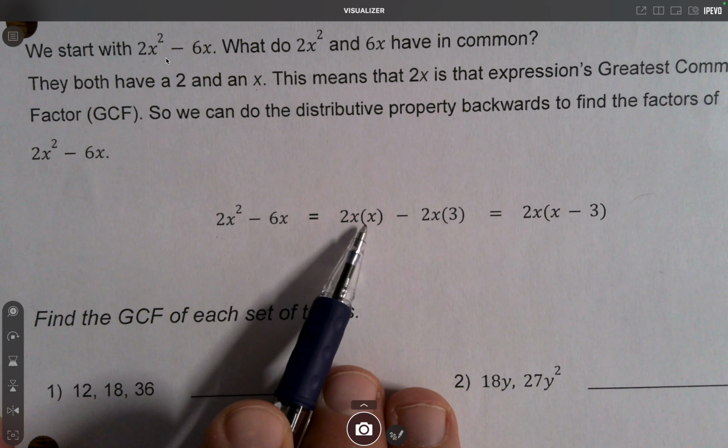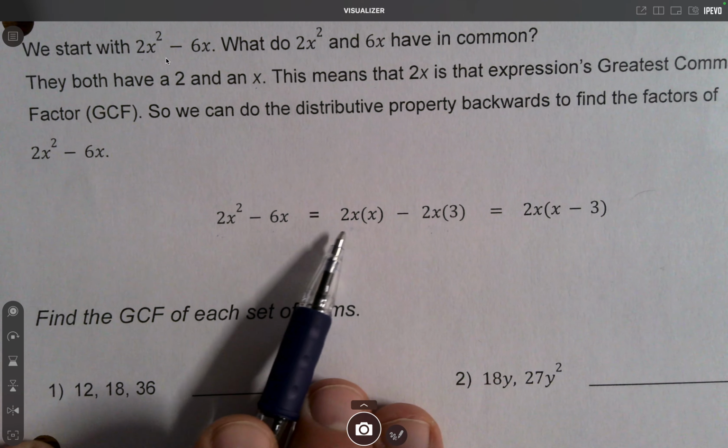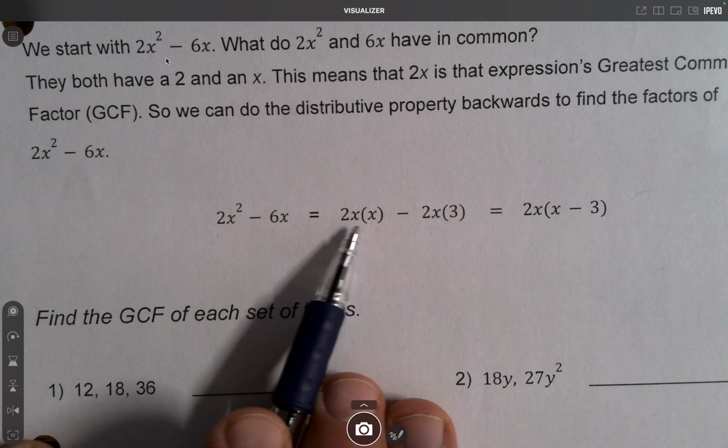All that leaves behind is x. Divide this by 2x, which removes that x entirely, and 6 divided by 2 is 3. You can see we really do have the same thing we started with, because 2x times x is 2x squared, and 2x times 3 is 6x.